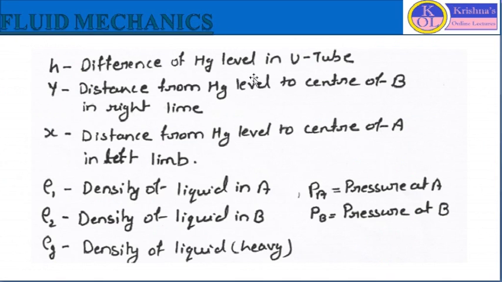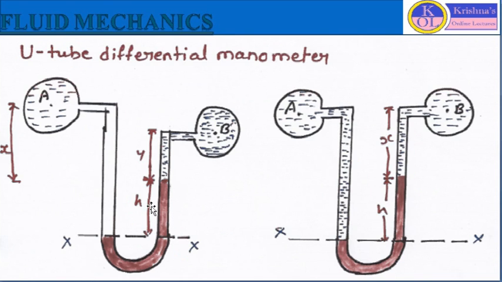Let us see here. This height h is representing the difference of height of mercury in the U-tube. As I told you in the previous lesson, we first consider one datum, the point where we are considering the same pressure.